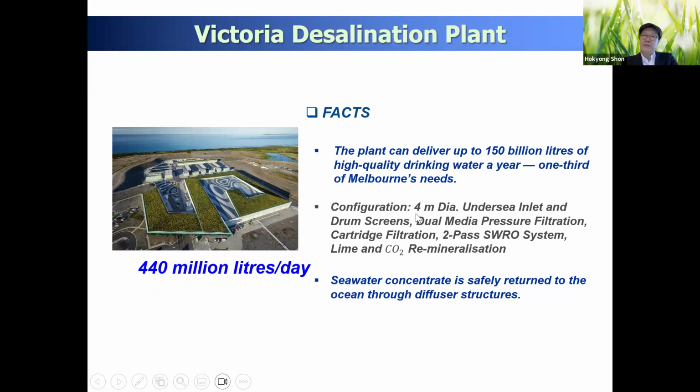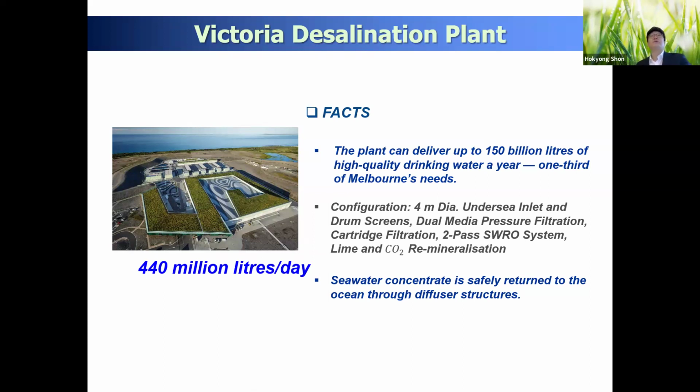The configuration is a 4-meter diameter undersea inlet, drum screens, dual media pressure filtration, cartridge filtration, second pass, SWRO, lime, and CO2 remineralization.